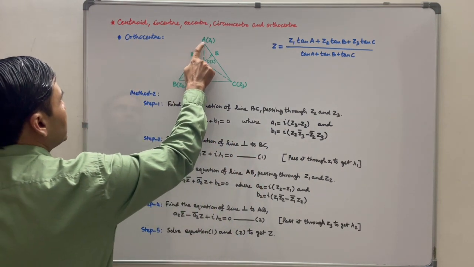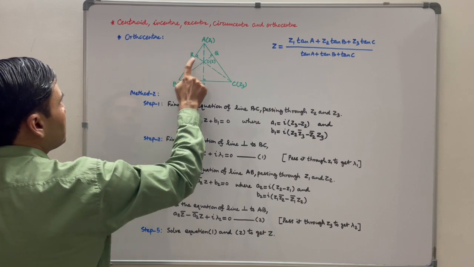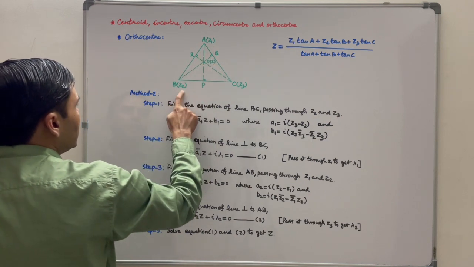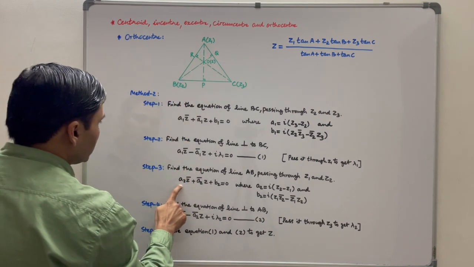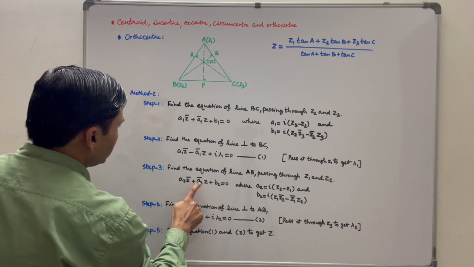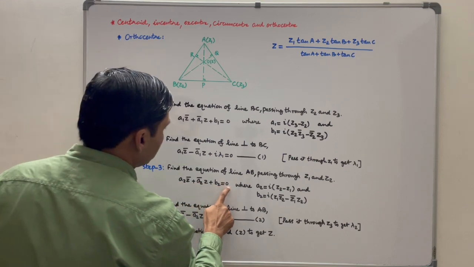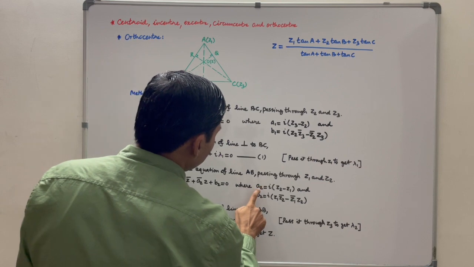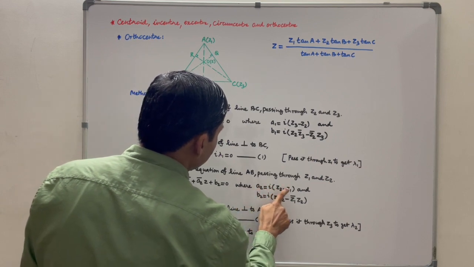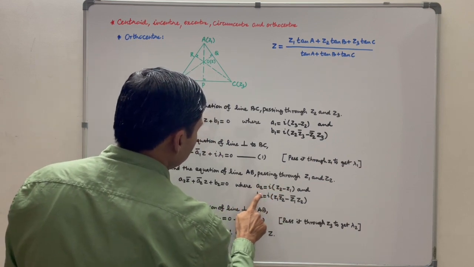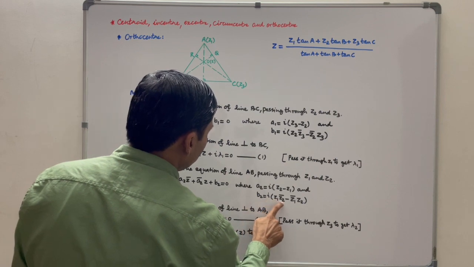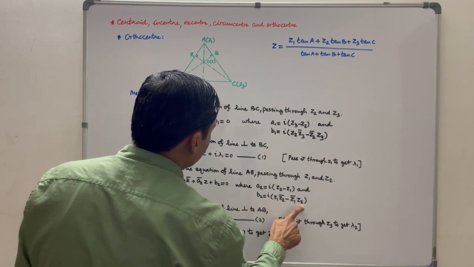Similarly, we will find the equation of a straight line AB that passes through Z1 and Z2. Suppose its equation is given by A2Z bar plus A2 bar Z plus B2 is equal to 0, where A2 is equal to I into Z2 minus Z1 and B2 is equal to I into Z1 Z2 bar minus Z1 bar Z2.